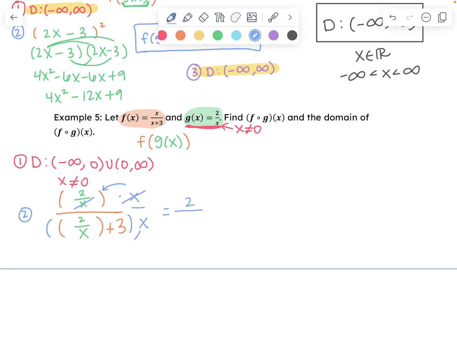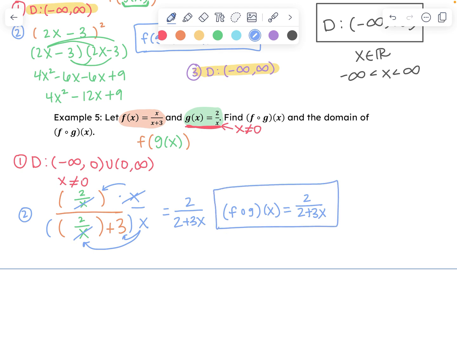When I multiply in the bottom, it cancels when I distribute here, so I'm left with 2. And then when I distribute here, I get plus 3x. So I'm left with f of g of x is equal to 2 over 2 plus 3x when I simplify it down. Because remember, we don't want fractions within fractions for our answers.